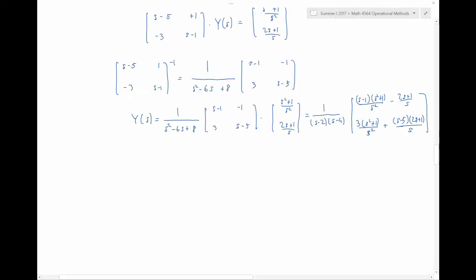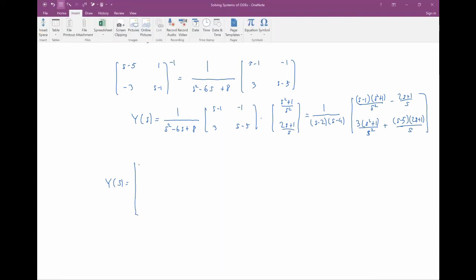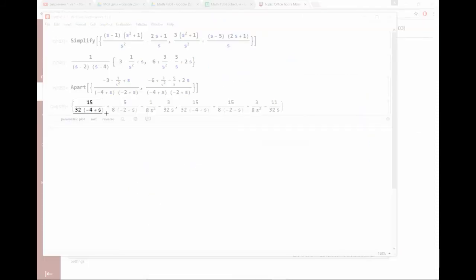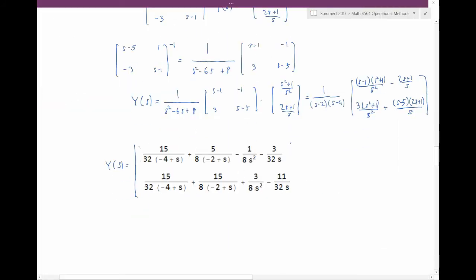So I can say that y of s must be a big vector, and what I'm going to do is insert these expressions. Well, at this point it's quite easy to get the solution. We're just going to use the partial fraction decomposition to derive the solution.